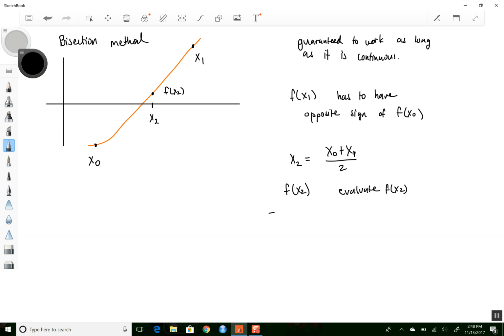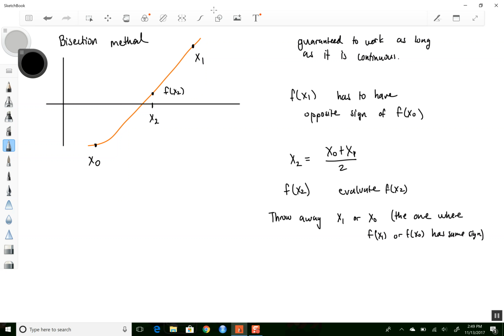So throw away x1 or x0, the one where f of x1 or x0 has the same sign. Then you continue, and you say, okay, I've got x0 and I've got x2.